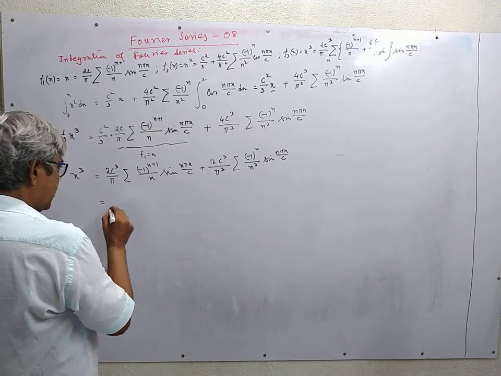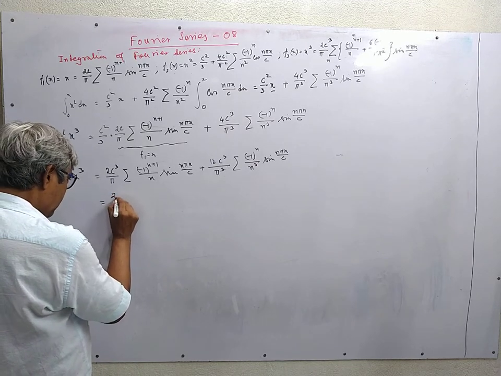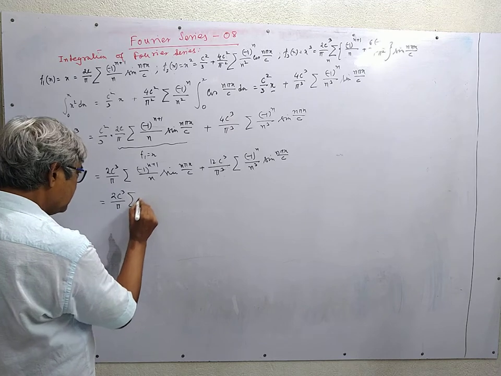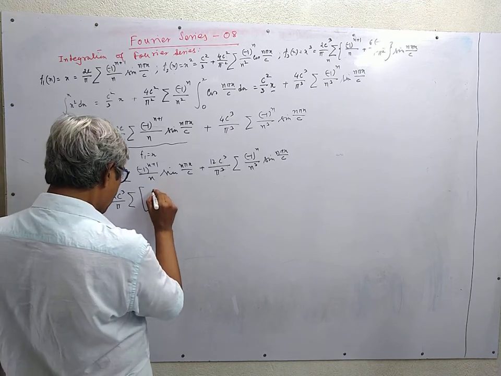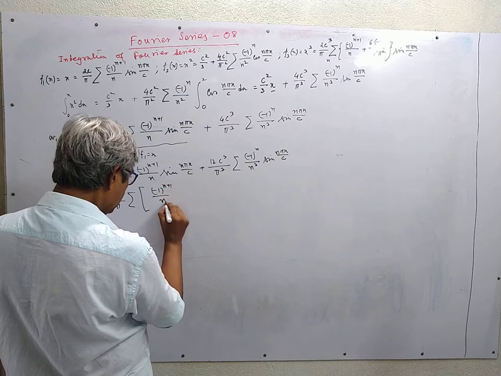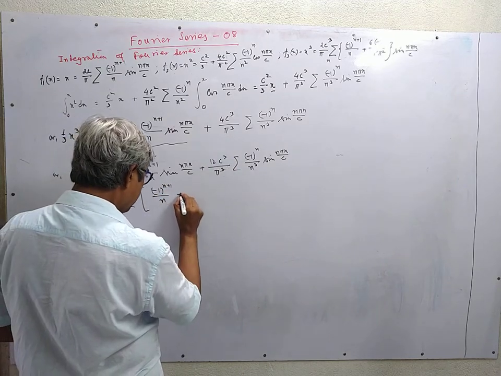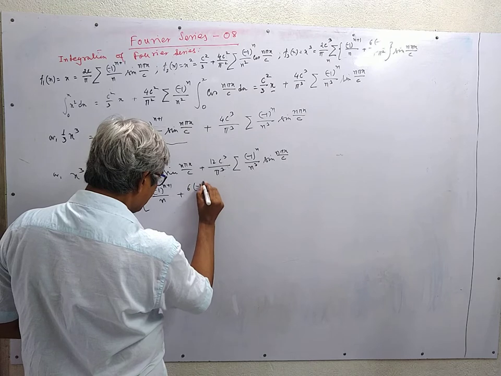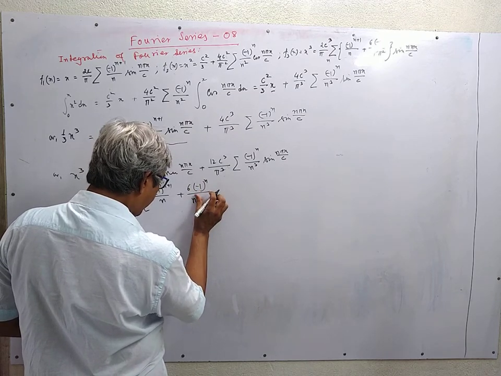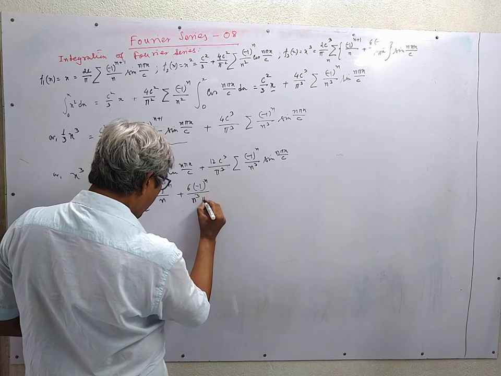We take 2c cube by pi common, from this term 6 minus 1 to the power n by n cube pi square.